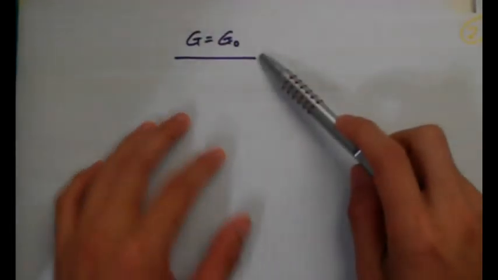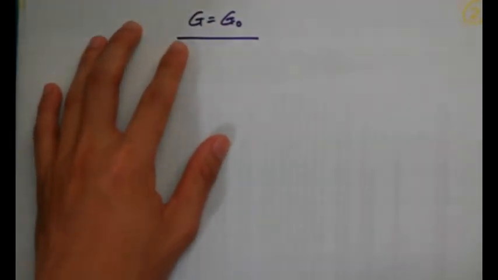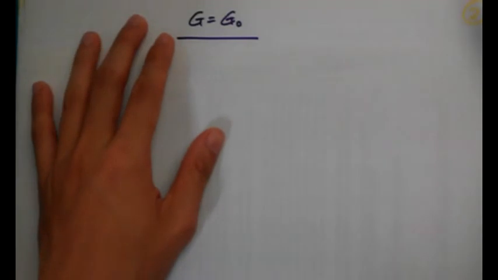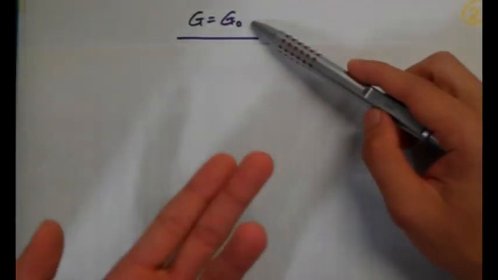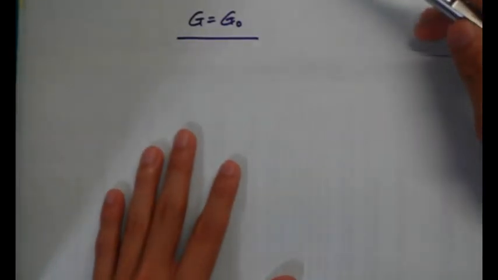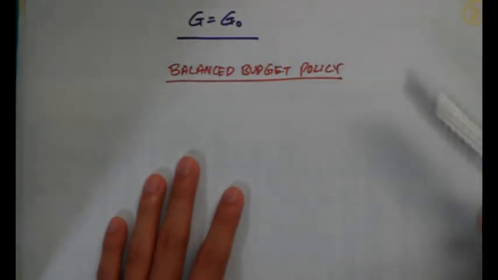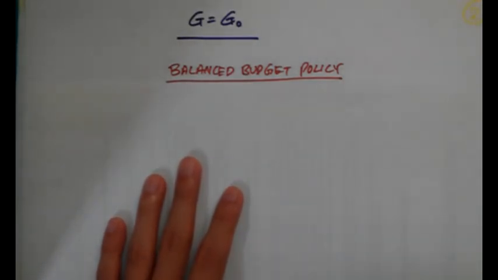So what is G? G is basically G naught. Most of the time, you can safely assume that the government spends G naught, a fixed amount of expenditure. Let me introduce you to this thing called balanced budget policy. What does balanced budget mean? My budget is balanced whenever I spend whatever I collect.